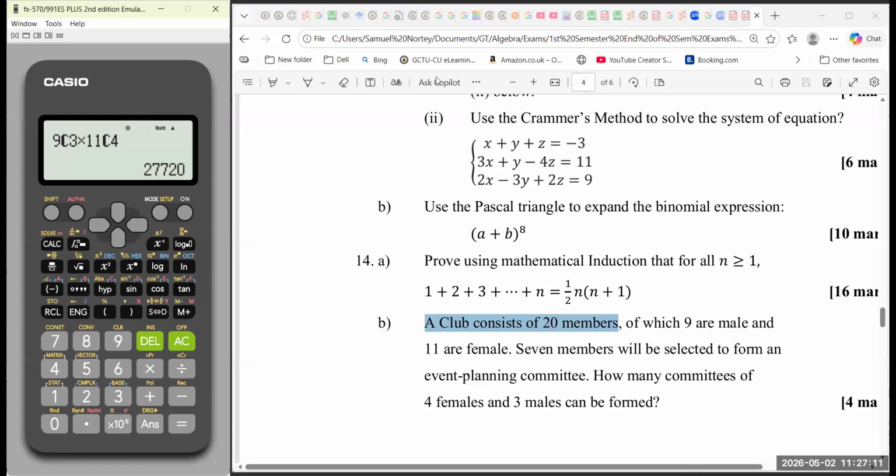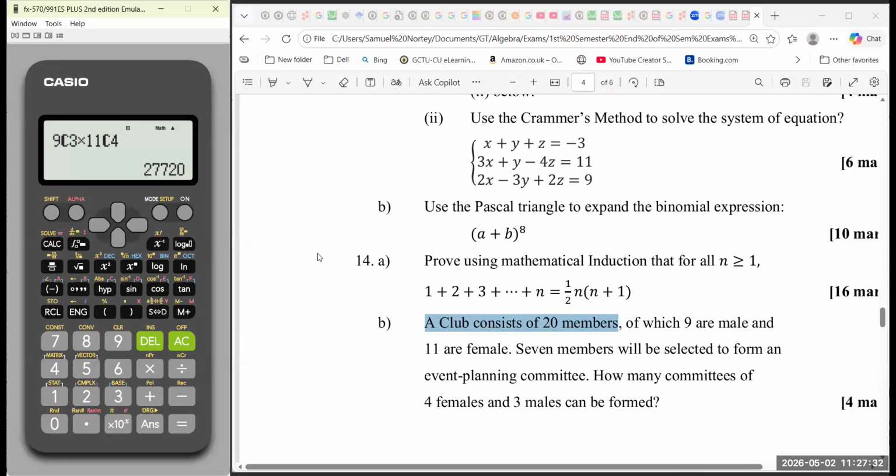Any other questions? Yes. Sir, please, do you write something to show that you are choosing 4 females from the 11 and then 3 males from the 9? Yes, that's what I'm saying. First of all, you say that this is a committee of 7.